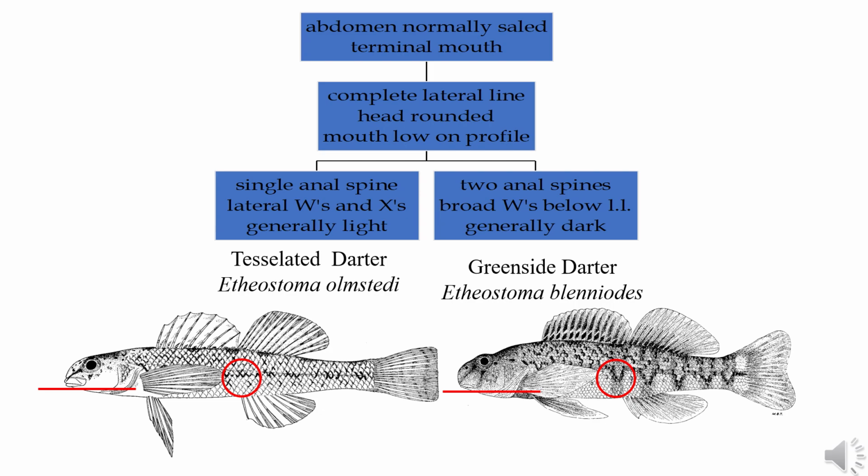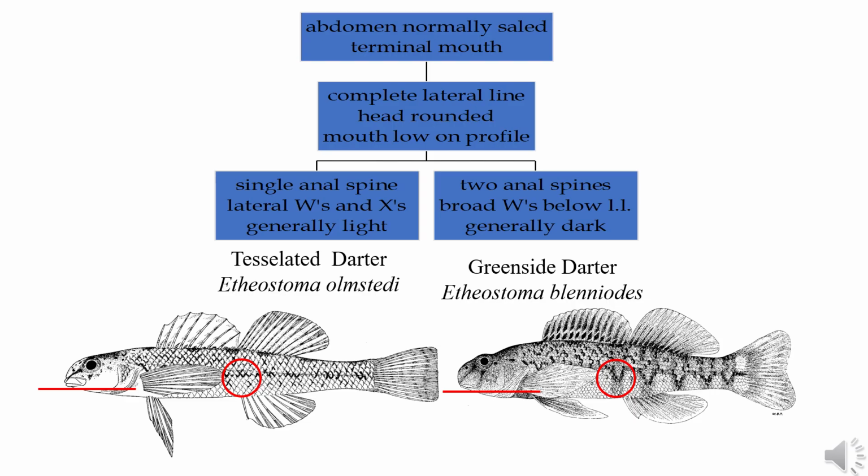So your tessellated will be a lighter brown looking darter, and it will have these dark X's or W's, very finely scribed, like with a fine tip pen following the lateral line. It will have some faint X's and W's, hatch marks across the body, but that very distinct line of X's down its lateral line.